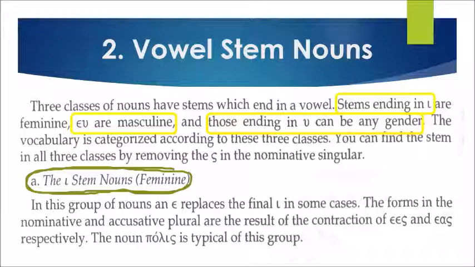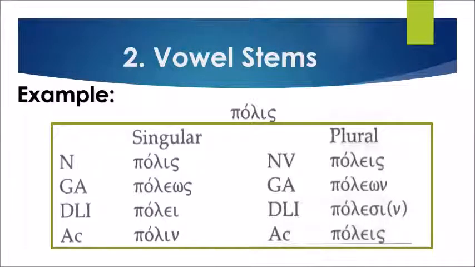The noun polis is typical of this group. Let's take a look at the example of the vowel stem ending with iota. You have the word polis. What do we mean by polis? That is city, like metropolis, the capital city. All right. So in the nominative, polis is still the same, polis.